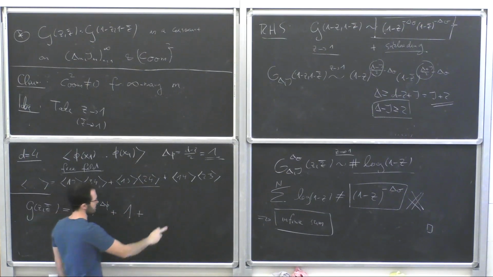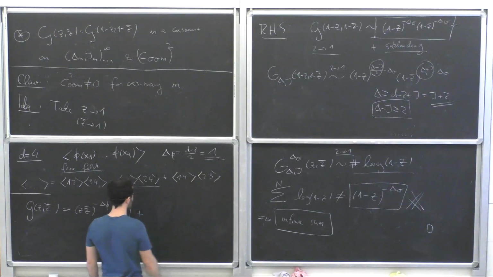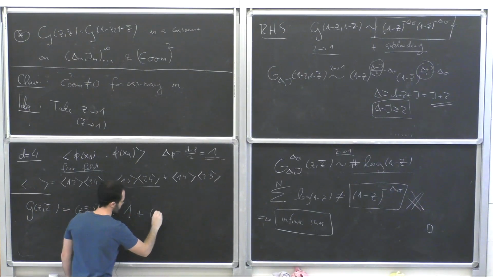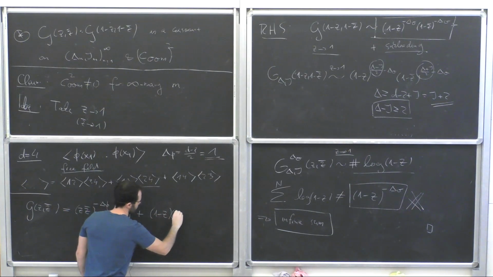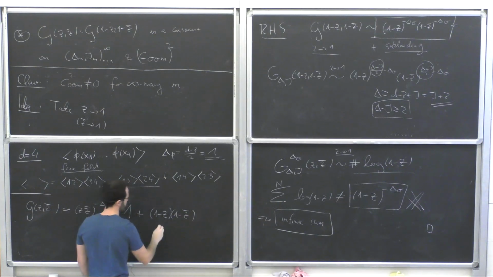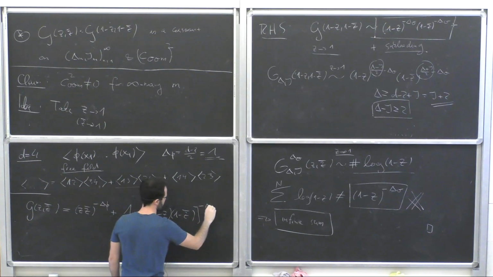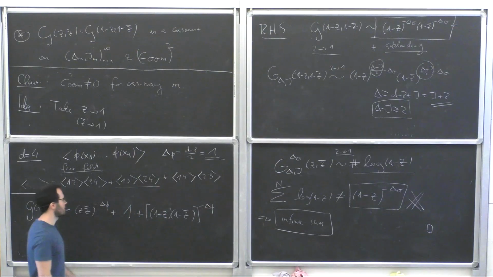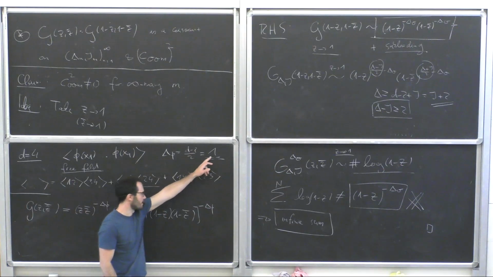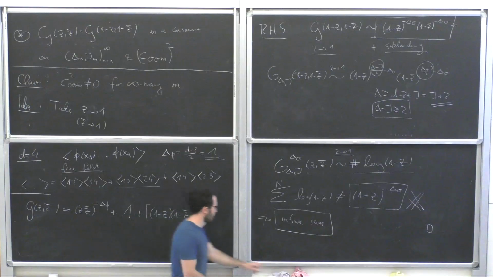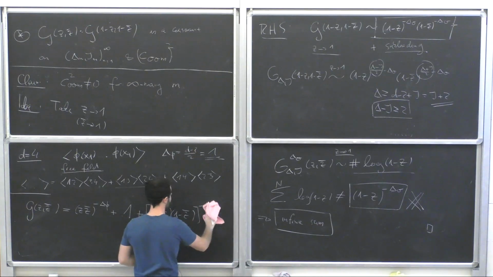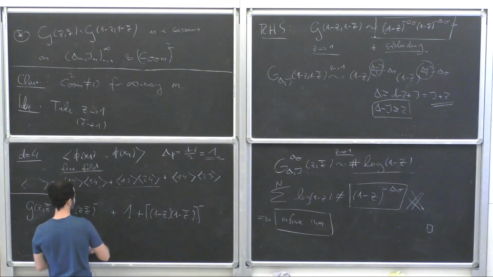And here I get v to the minus delta phi, so that's the same thing as 1 minus z bar to the power minus delta phi. But remember that delta phi is actually 1, so I can simplify it and write it as minus 1.